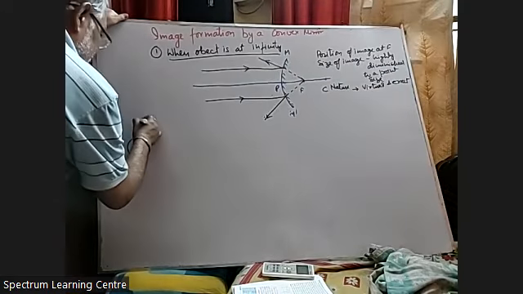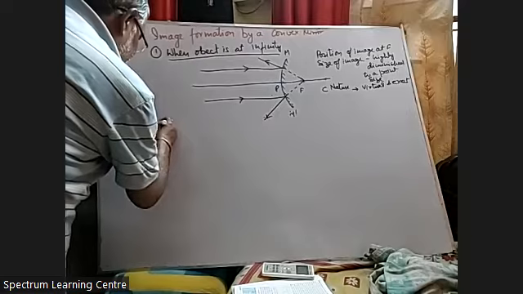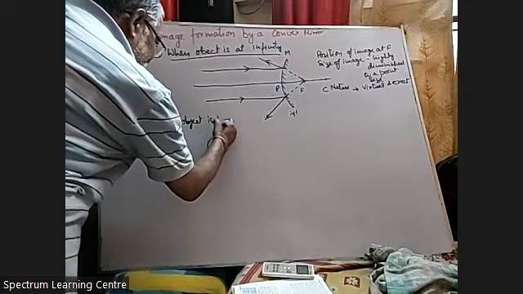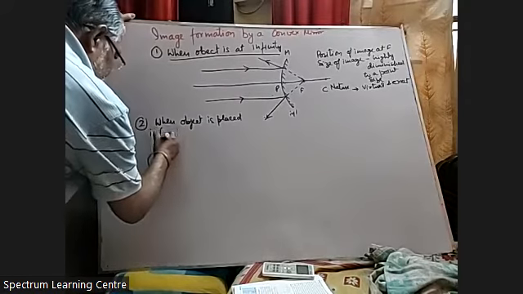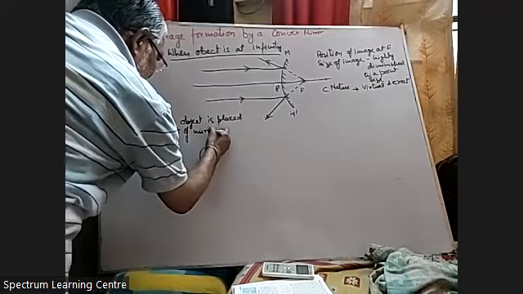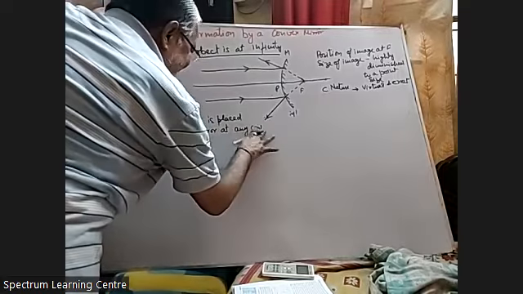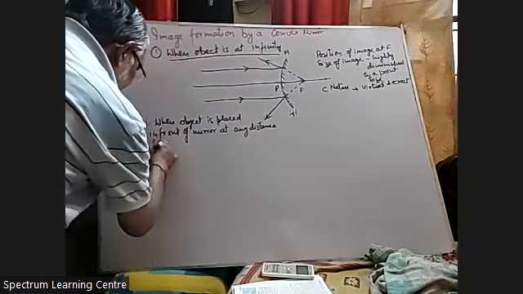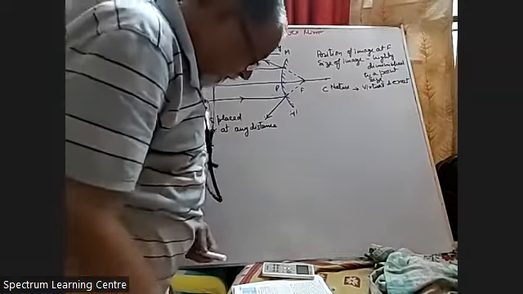Now, second case is when the object is placed in front of the mirror at any distance from pole, right?